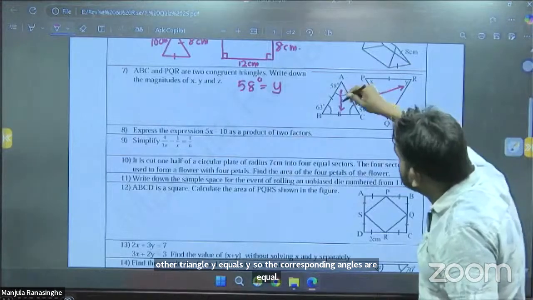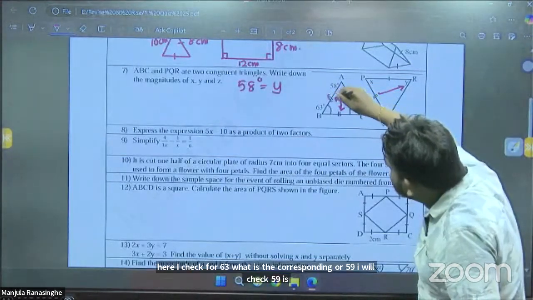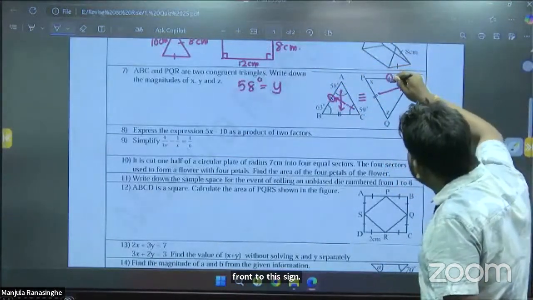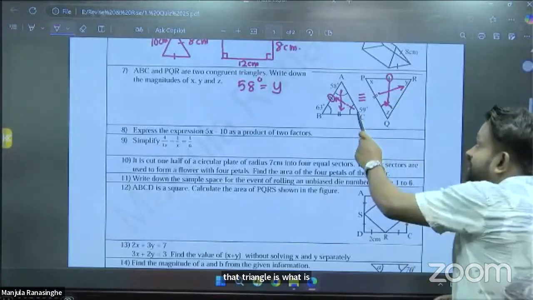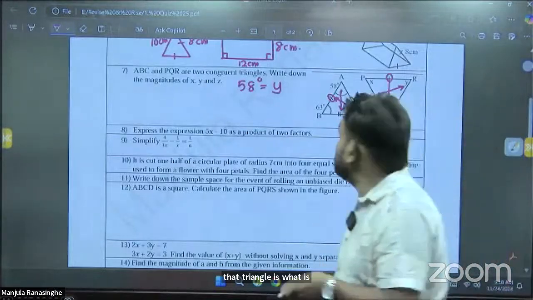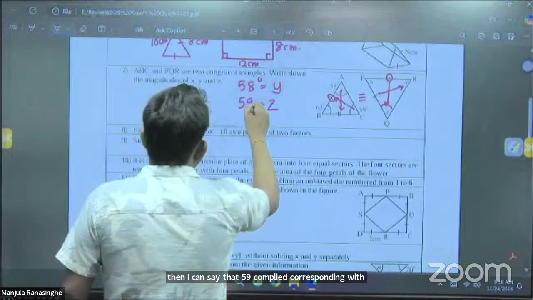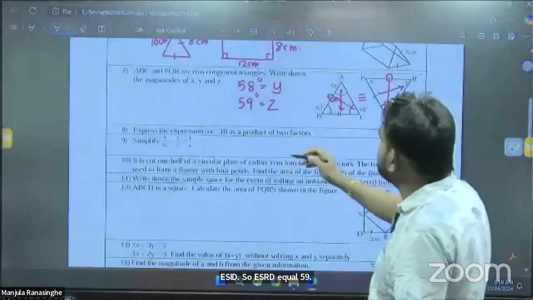For 59, I will check. 59 is in front of this sign. Then I find that sign in the other triangle and in front of that angle is Z. Then I can say that 59 corresponds with Z. So Z equals 59. Okay, then eventually you can say that the balance is 63.